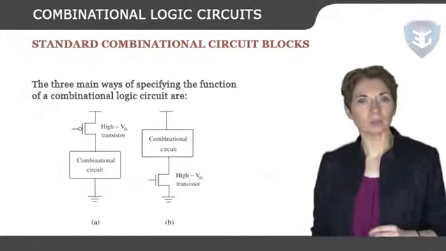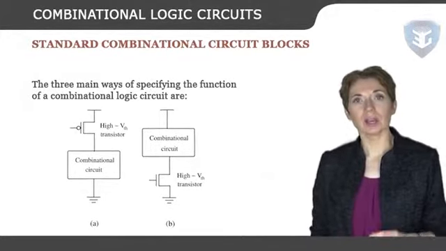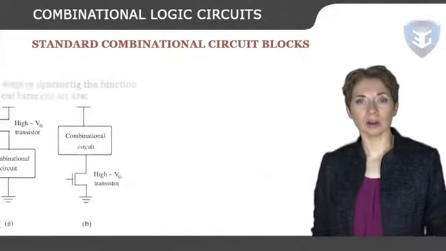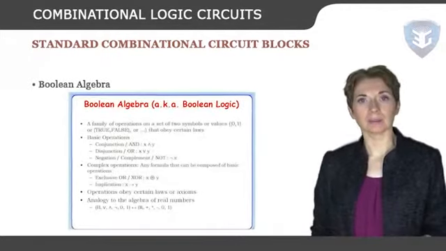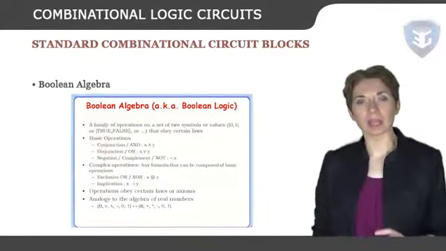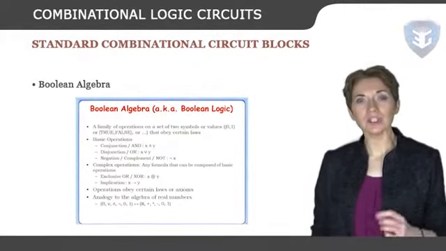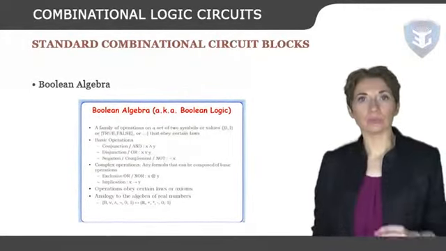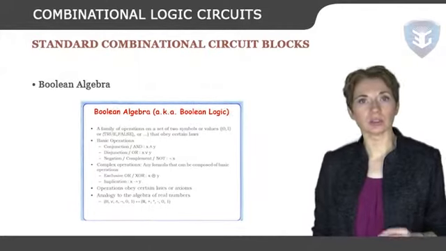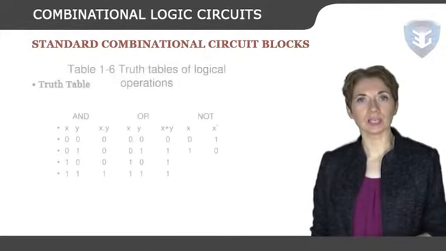The three main ways of specifying the function of a combinational logic circuit are Boolean algebra. This forms the algebraic expression showing the operation of the logic circuit for each input variable, either true or false, that results in a logic 1 output. Truth table.